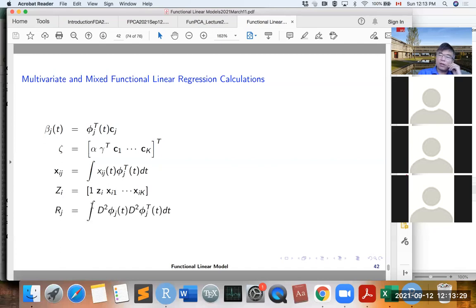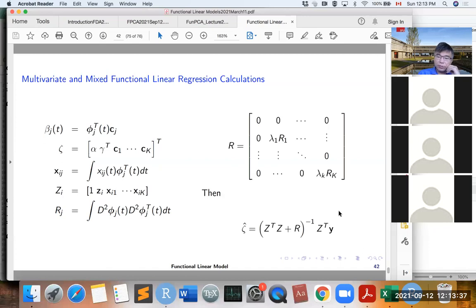And we can calculate the smooth penalty matrix R_j, which is a J by J matrix. Then the estimated parameter will also look similar in form to before. And so this is the estimation.